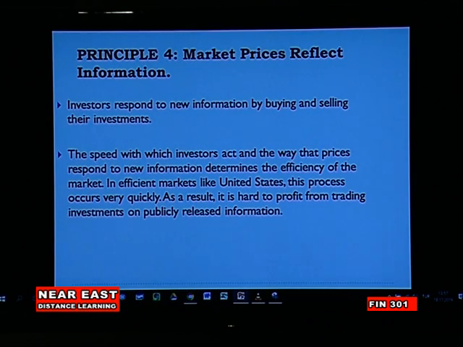Principle 4: market price reflects information. Investors respond to new information by buying and selling their investments. The information is very important for any investors, for shareholders.